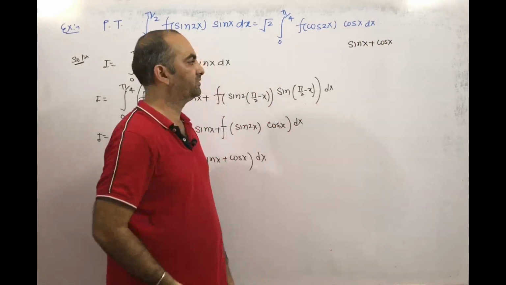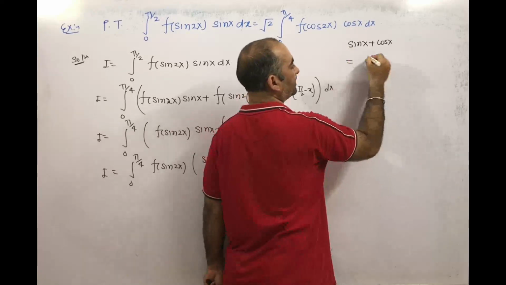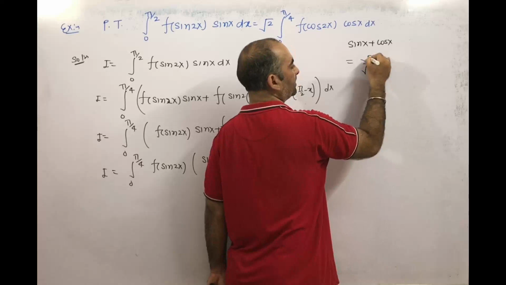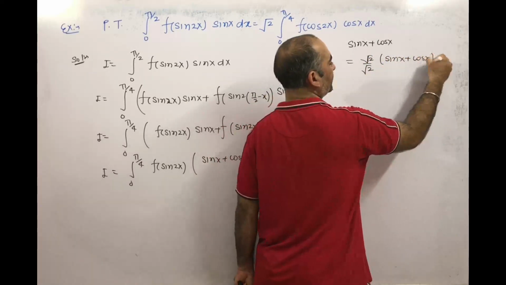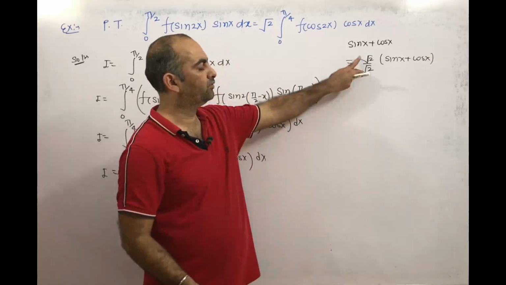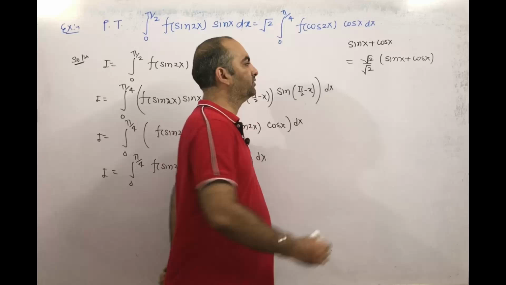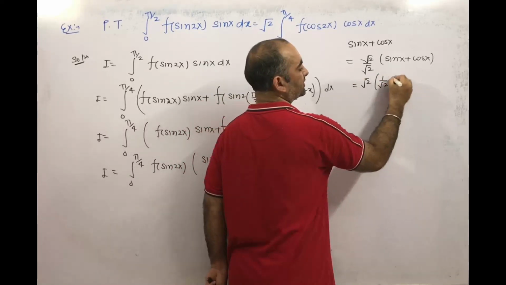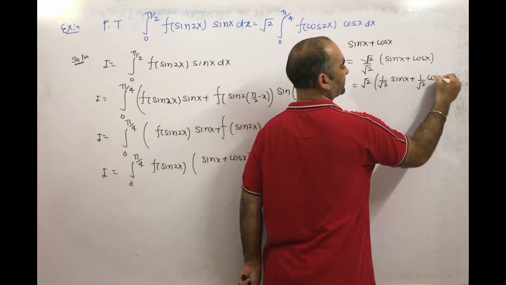So how to simplify this one? Here we write 1 by root 2 and root 2 multiplied also by sin x plus cos x. If you multiply and divide by root 2, there is no effect. Then 1 by root 2 we take inside. So root 2 is outside: 1 by root 2 sin x plus 1 by root 2 cos x.